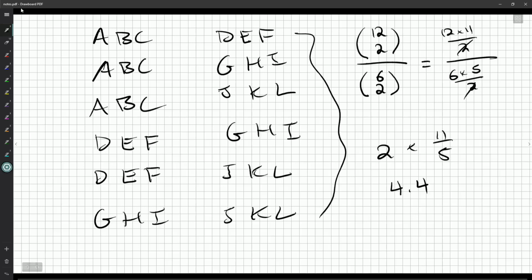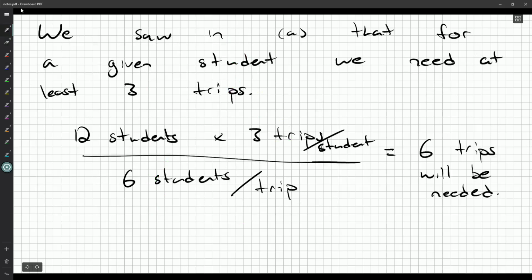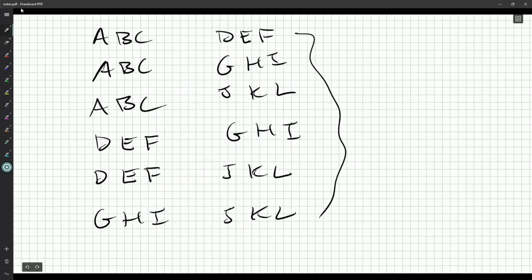So now, there might just be a flaw in my choose notation reasoning. I'm much happier with the 12 students times 3 trips divided by 6 students per trip.